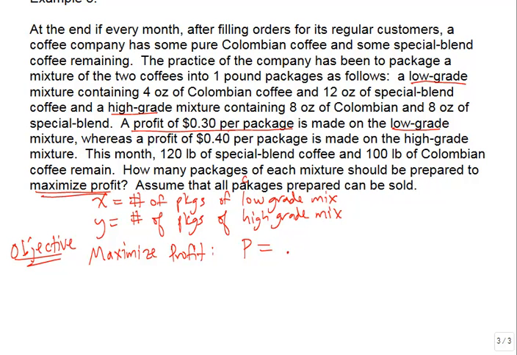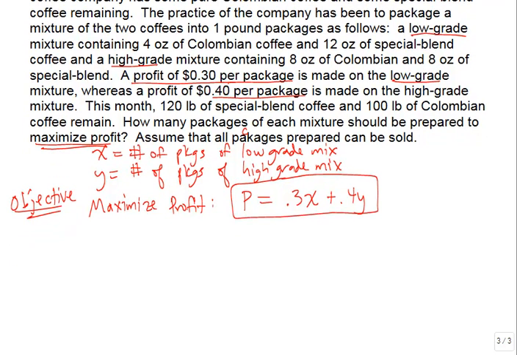So that would be 0.3 times however many packages we sell, which is our x. And then we earn a profit of 40 cents per package on the high-grade mixture. So 0.4 times the number of high-grade mixes we sell, which is our y. So here's our profit function right here.